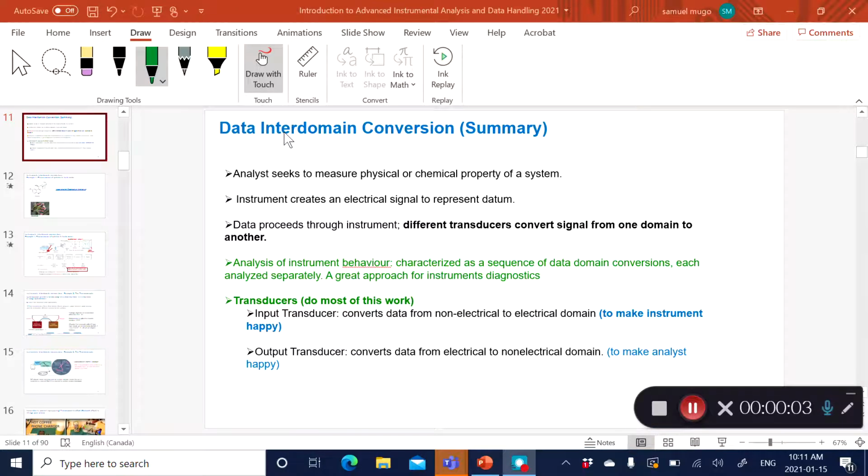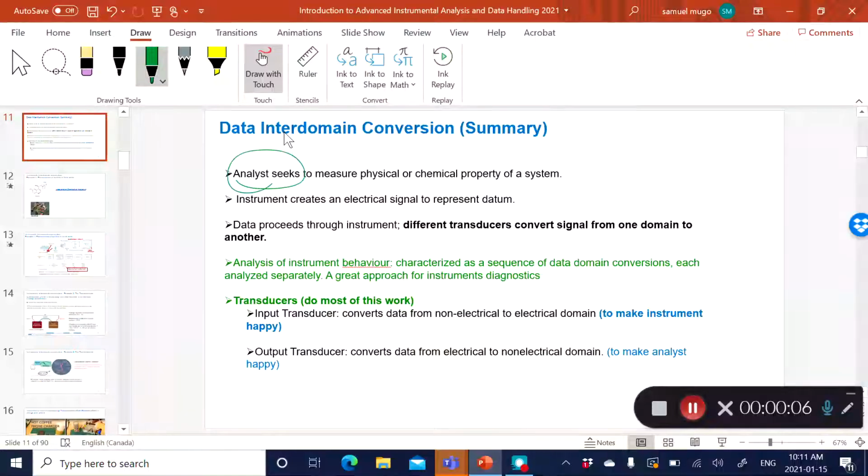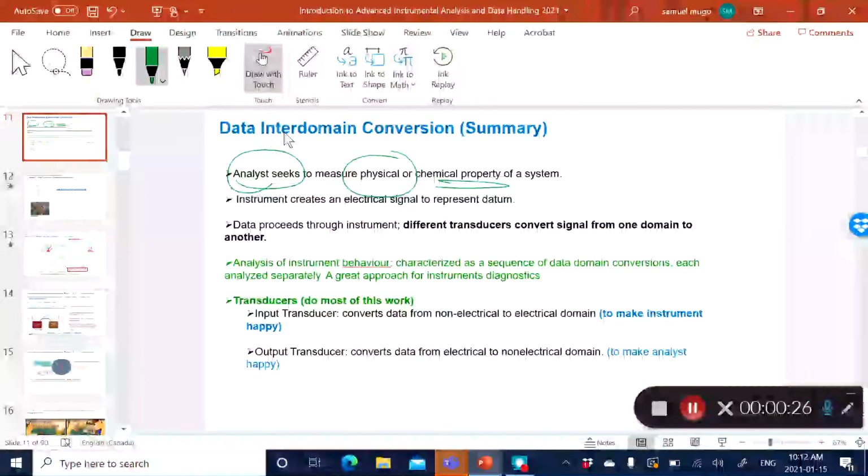In the last lecture, we indicated that typically you as the analyst are interested in the chemical information of the test item that you're trying to analyze. Or in some cases, of course, you may also be interested in a physical quantity, things like pressure, temperature and so forth.